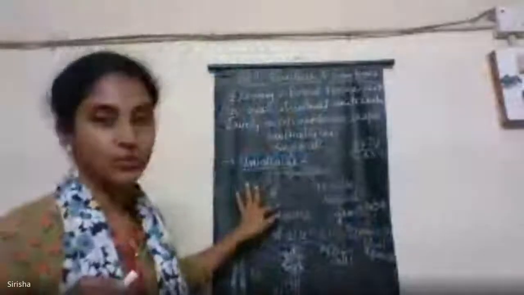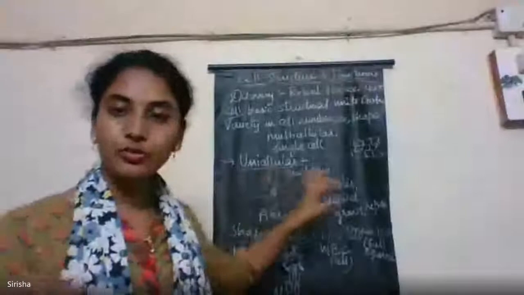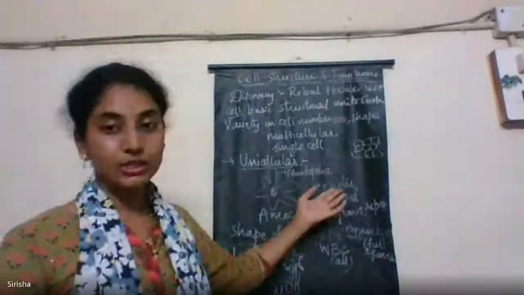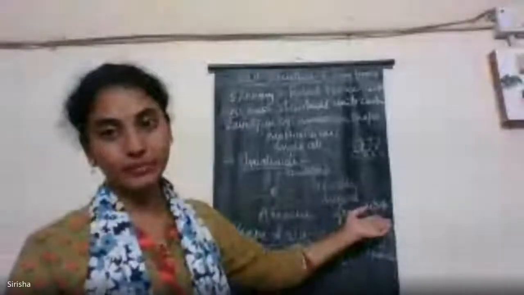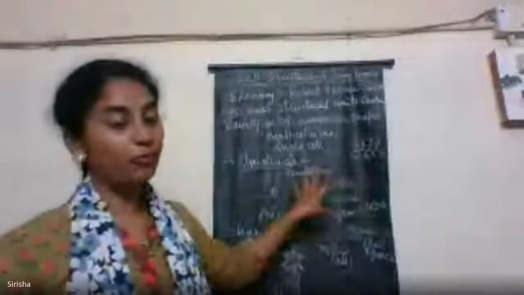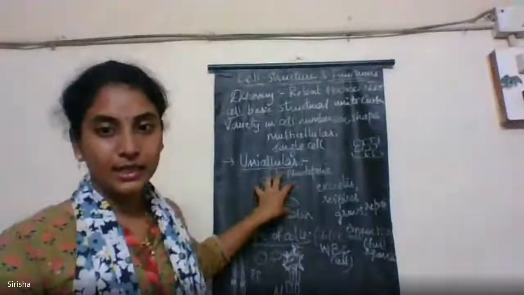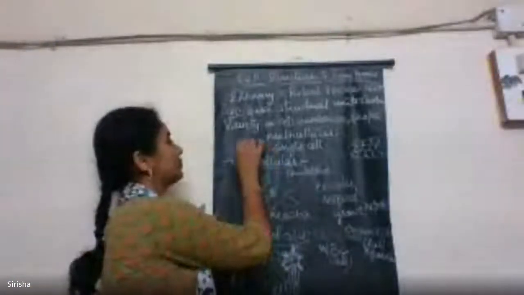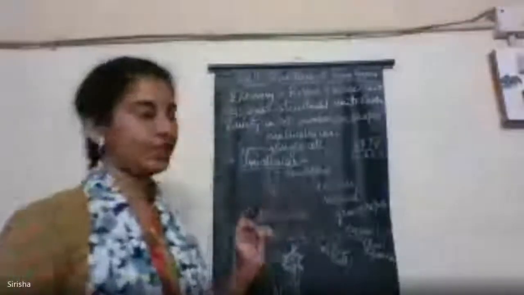Amoeba consists of only a single cell which performs all the activities: excretion, respiration, growth, reproduction, everything is done in a single cell. That is why it is called a unicellular organism. Uni means single.